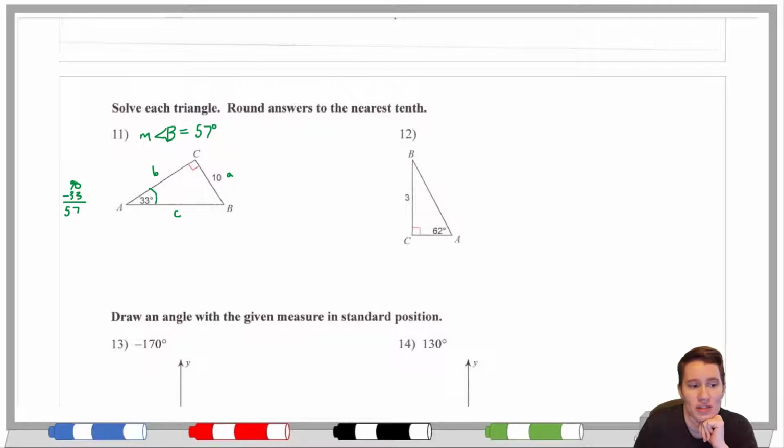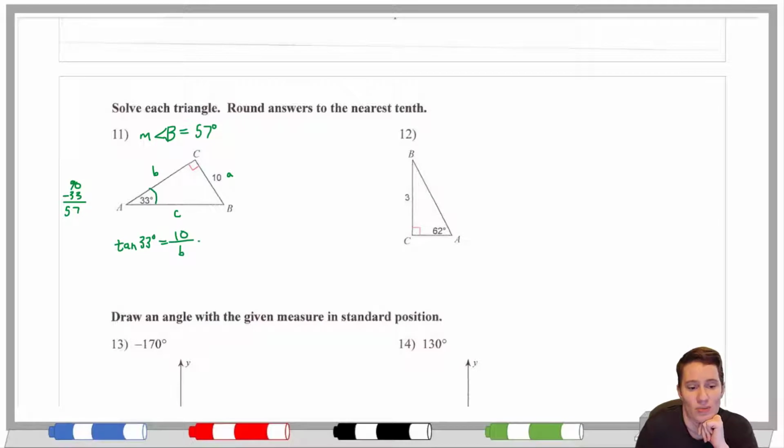Let's use 33 just in case we got 57 wrong. Let's use 33. That means this is the opposite side and the hypotenuse, and opposite side and adjacent. So two different trig functions. So opposite side and the adjacent side would be tangent of 33 equals 10 over b.